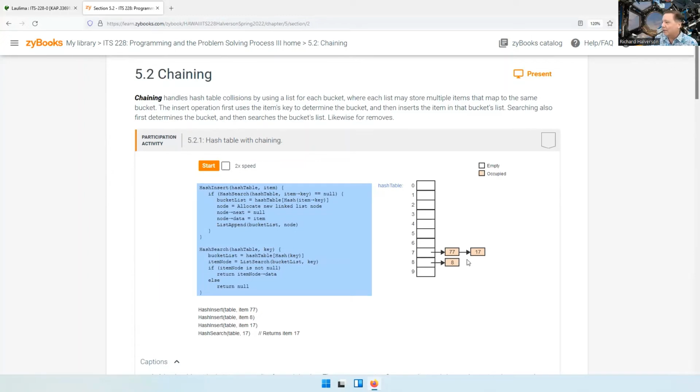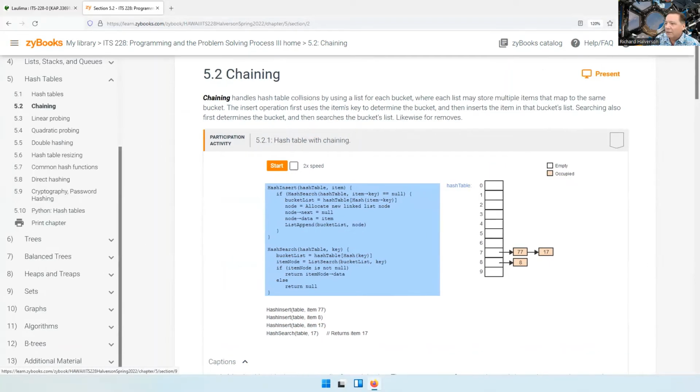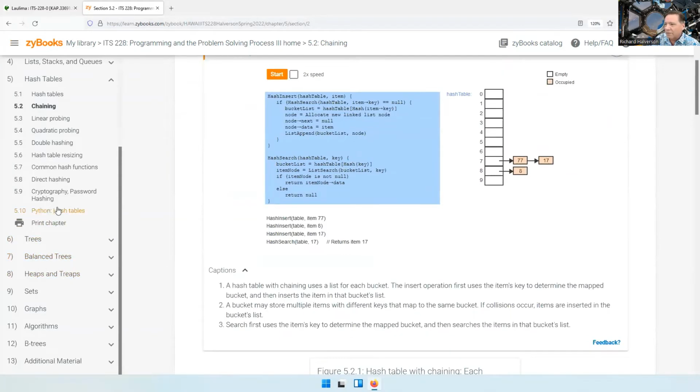All right, so here's chaining. Here's an example. It's describing these algorithms in this algorithmic language. That's not really any language, but you should learn how to read this algorithmic language and know how you would translate that into Python. In fact, the very end here, it does it for you.